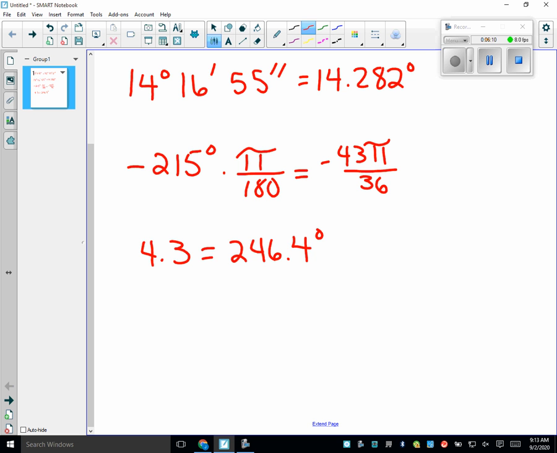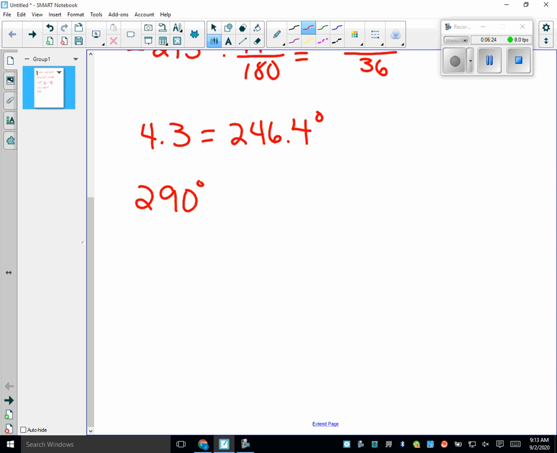There's nothing on the test that we haven't done. It's just making sure you remember, right? Okay. This angle, I want a positive coterminal angle.